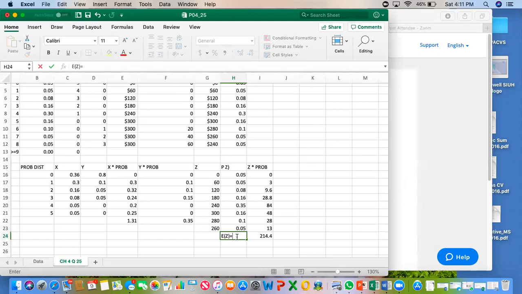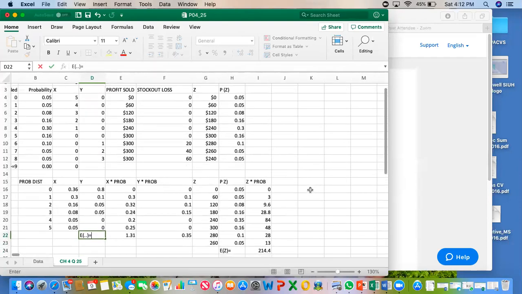Go over to D22 and just write E of X equals, because the 1.31 was the expected value of X, 0.35 was the expected value of Y. You can put them in a nice color or something like that. It's fine. And that's your answer.